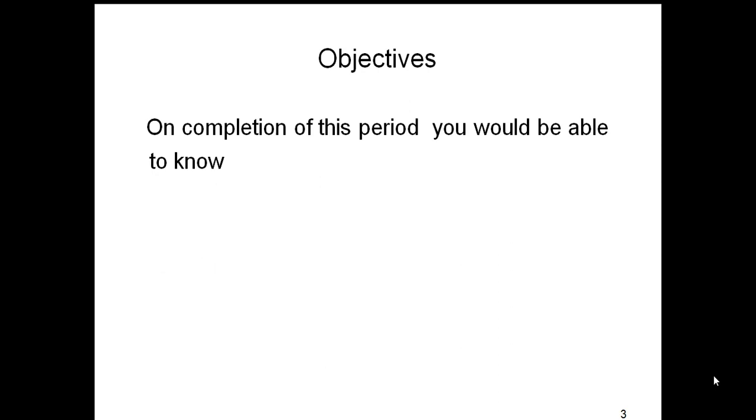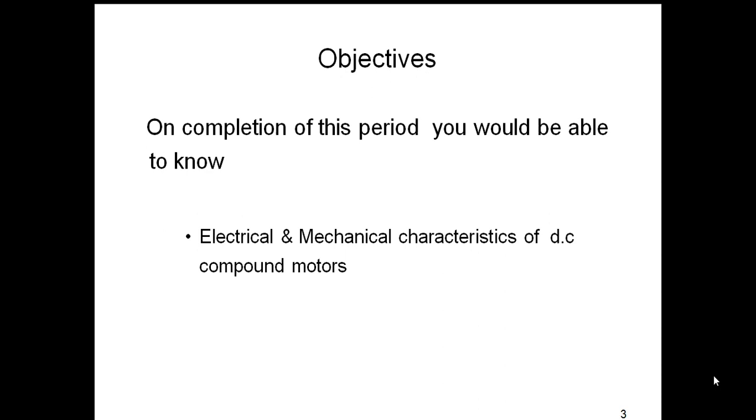And in this presentation we are going to learn about the electrical and mechanical characteristics of DC compound motors.